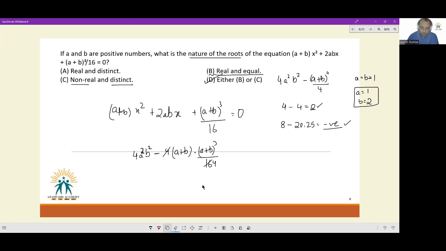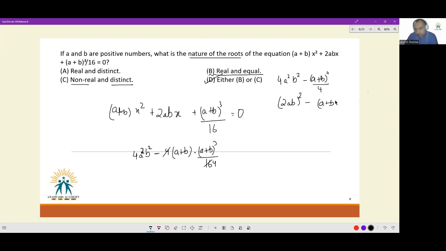The technical way of solving this would be as follows. You simply have to look at this expression in a slightly different way. First thing we do is we write down 2ab whole square minus a plus b whole square by 2 whole square.